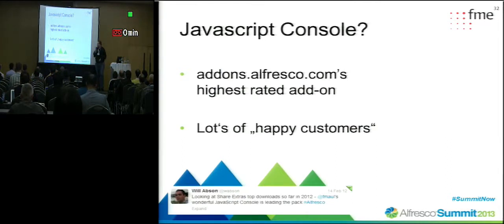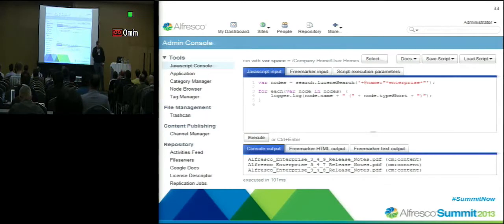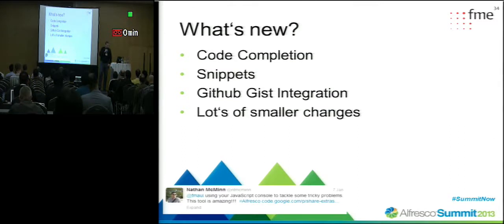It's for developers, and it's the highest rated add-on on addons.alfresco.com. And there are lots of happy users of it, and I've put some of the testimonials in the lower third. For those of you who have not seen it, it's a Share admin console extension with an input window where you can write your script, and with an output window where you see output logging.